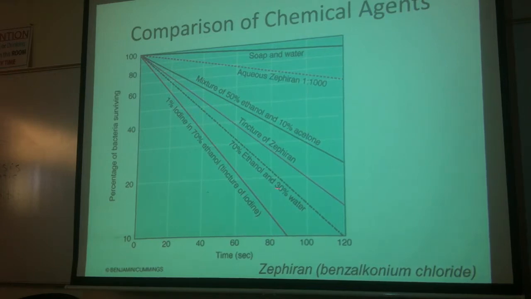With the iodine and the ethanol, it's not enough just to put the stuff on you. You don't want to have the iodine on there for only a short period of time. That's why if you've ever gone into surgery, they put the iodine on you and leave it, because they're trying to use the time.